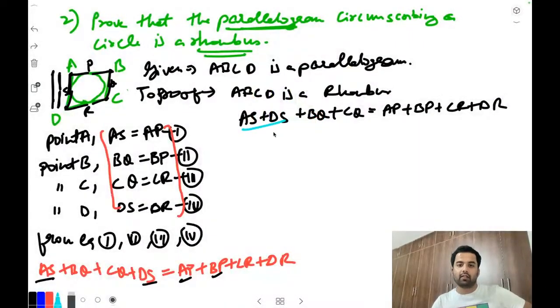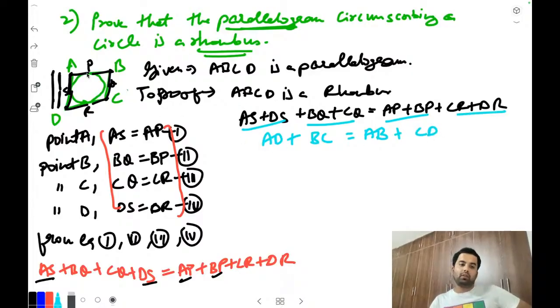This value means AD plus this value means BC equals, now this value means AB and this value means CD.